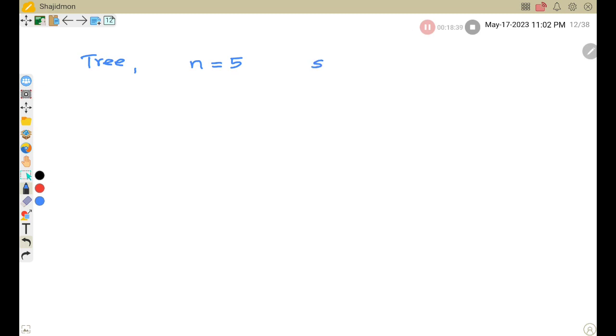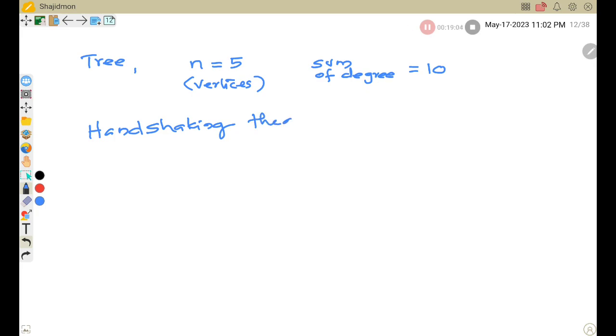That means the sum of degrees equal to 10 is not possible. Why? What is the reason? Because we studied one rule in the previous section, the handshaking theorem. What is the handshaking theorem we studied?